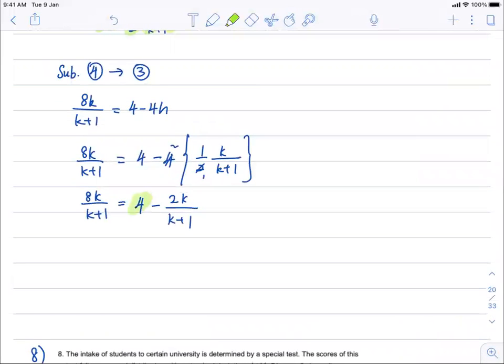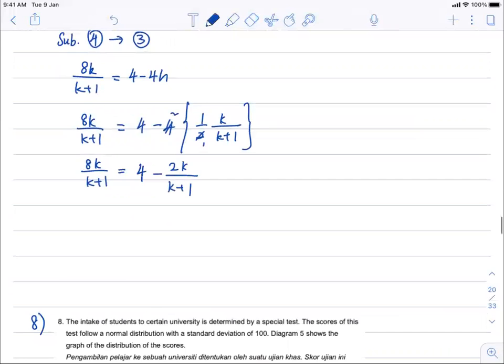So can simplify this equation further. 4 minus 2k over k plus 1. Move that around. 8k over k plus 1 plus 2k over k plus 1 is equal to 4. So this is the same denominator.